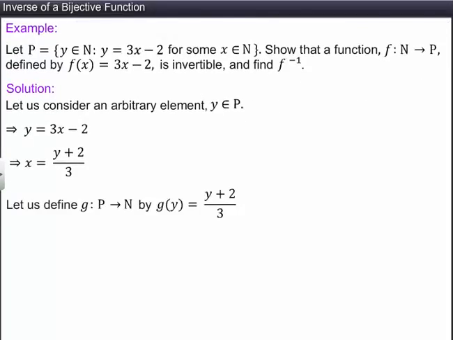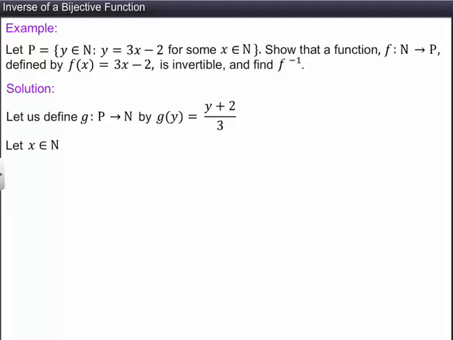Let us now define a function g from P to N by g of y is equal to (y plus 2) whole divided by 3. Now, g will be the inverse of f if g circle f and f circle g are identity mappings. Let's check it out.